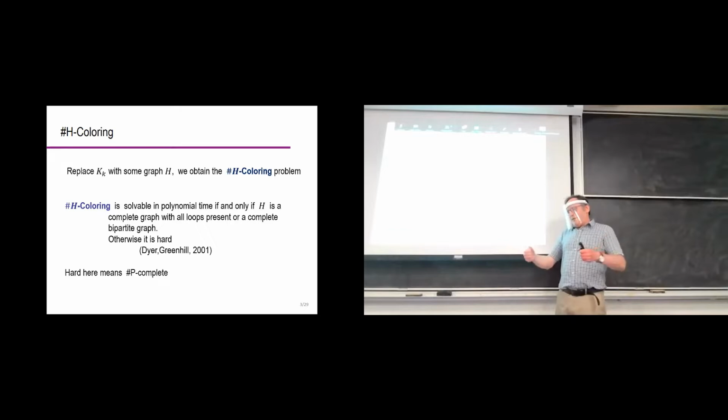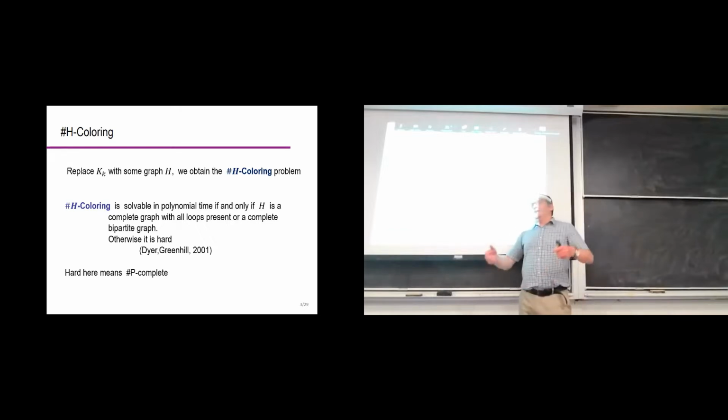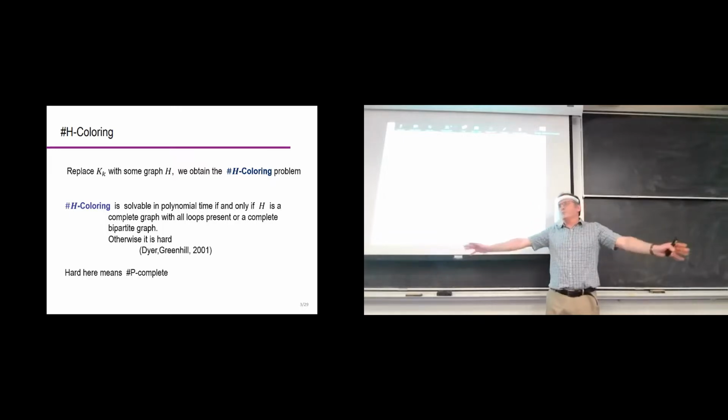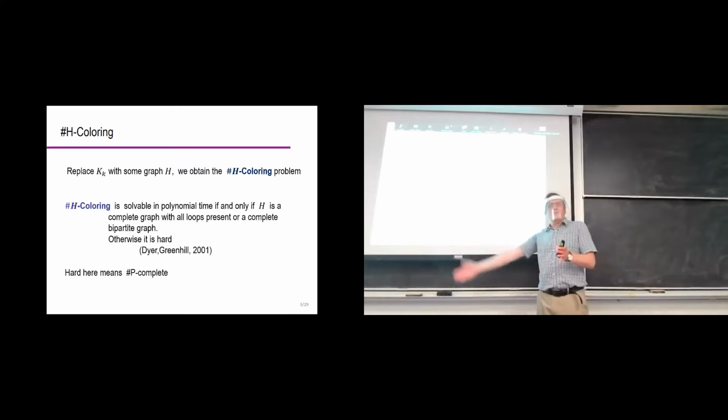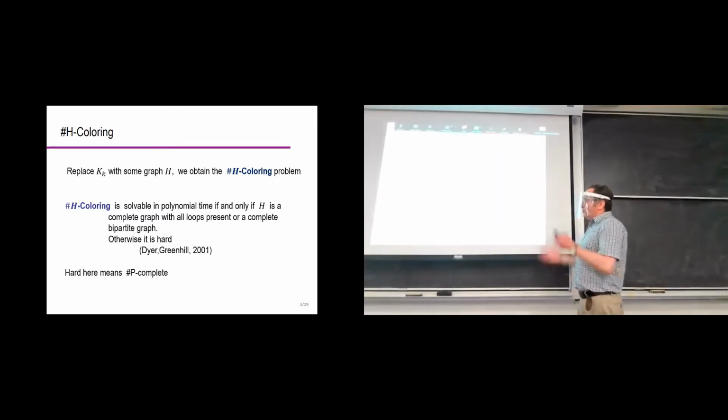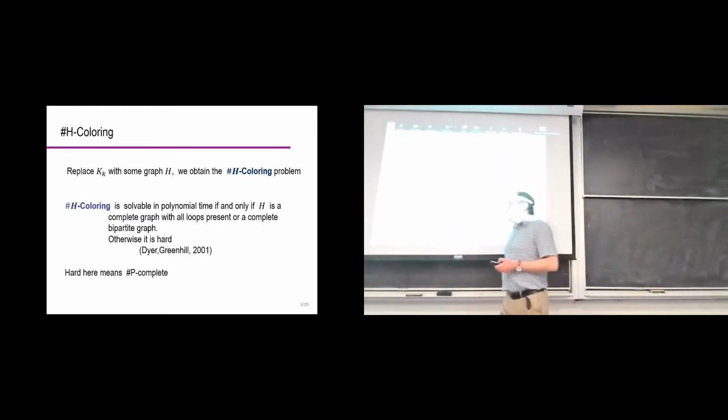You take a problem from the class NP, like k-coloring, for instance. It belongs to NP because there is a non-deterministic Turing machine that accepts or rejects. And your problem is to count the number of accepting paths in the computation of such a machine. For instance, with k-coloring, every accepting path may correspond to a coloring, and then you count. So that's the idea. Hard means hard for #P.